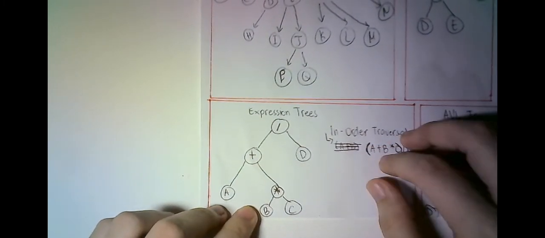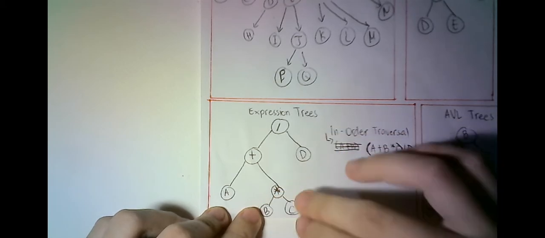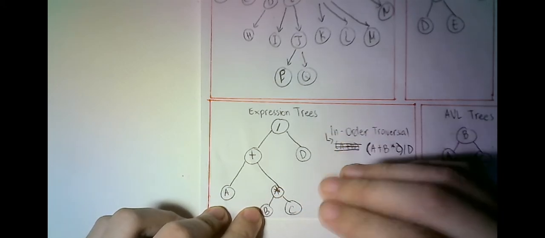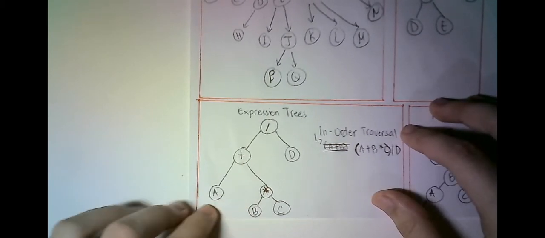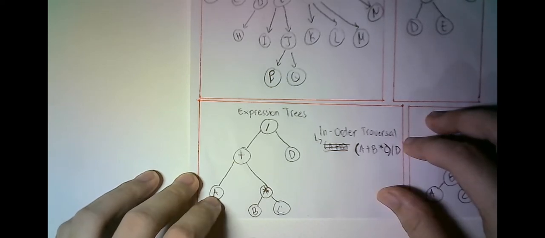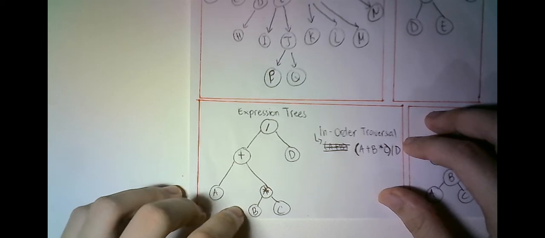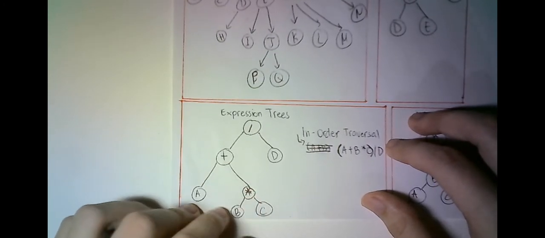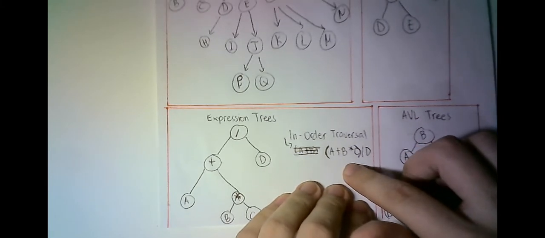What happens here is that you traverse this through an in order traversal. An in order traversal follows a left, root, then right traversal of the nodes. So if we do an in order traversal on our expression tree, this is what the order would be.